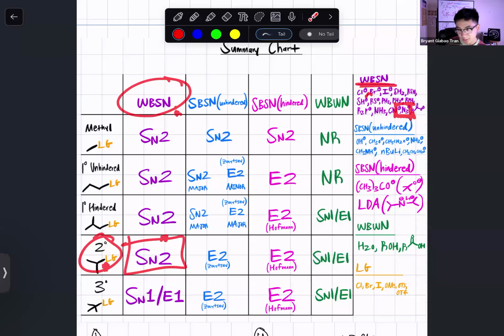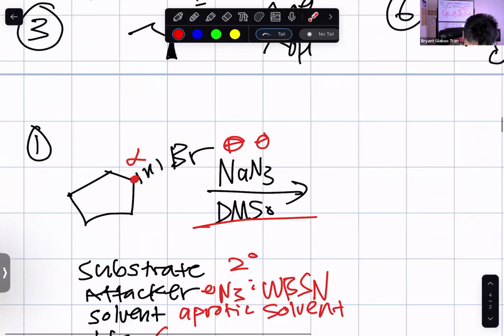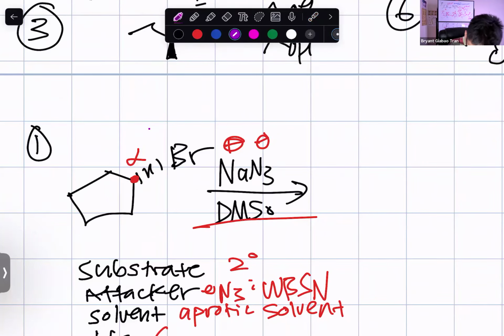Yes, aprotic and protic solvents will have different effects on the reaction, as SN2 reactions prefer to be in aprotic solvent, and SN1 and E1 prefer to be in protic solvent. And the reason why SN2 prefers to be in aprotic solvent is because this N3 minus here is a nucleophile because it's negatively charged.